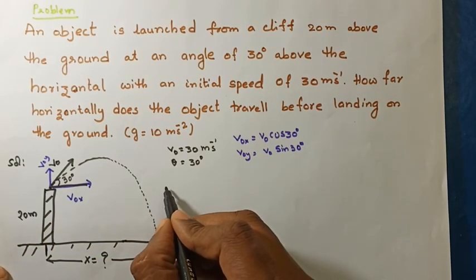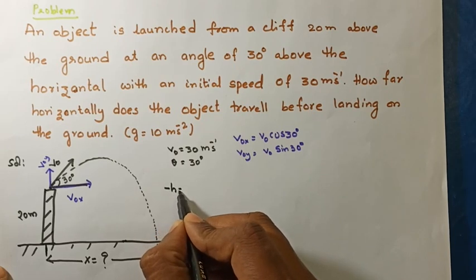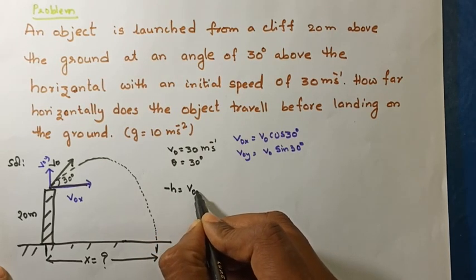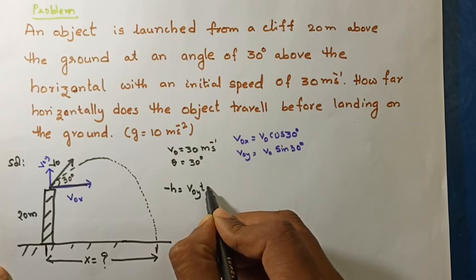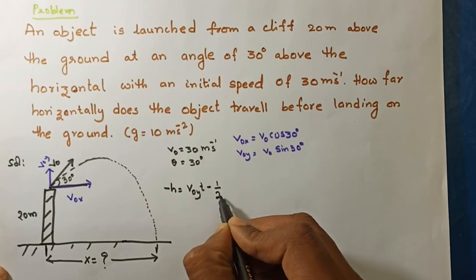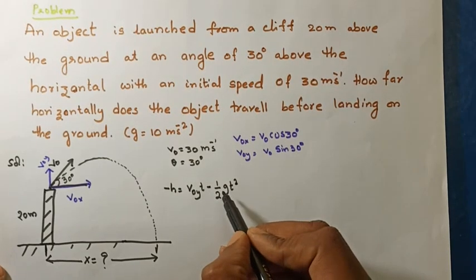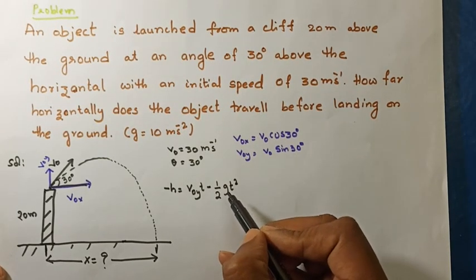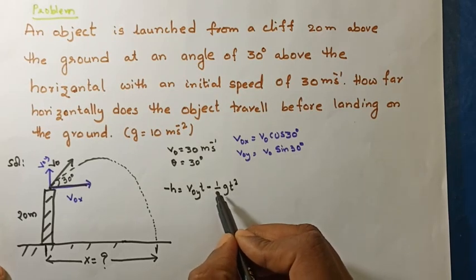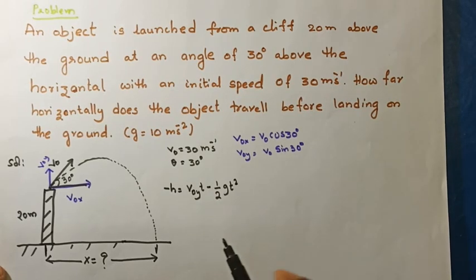The formula is minus h is equal to V naught y t minus half g t square. Of course, plus half a t square is there, but I place a equal to minus g, so it becomes minus half g t square.